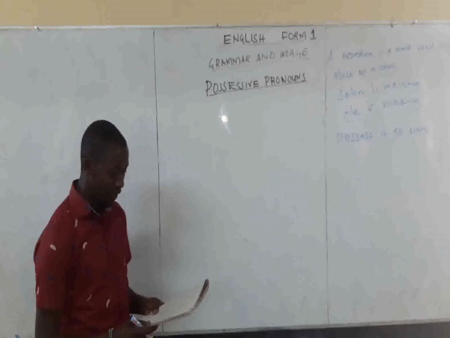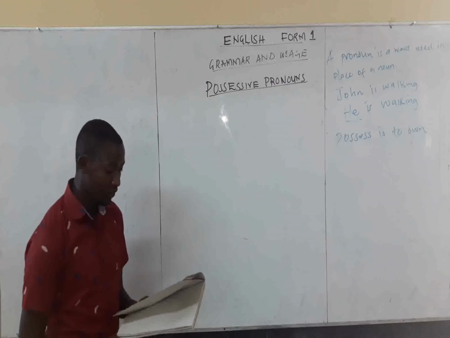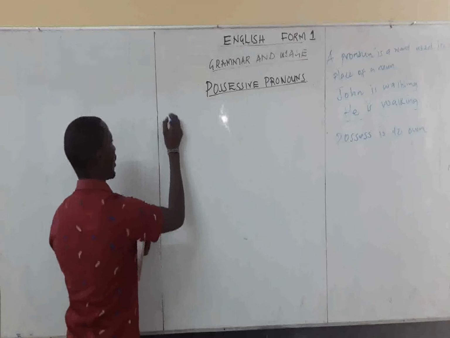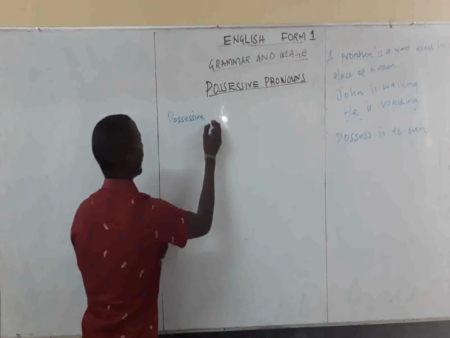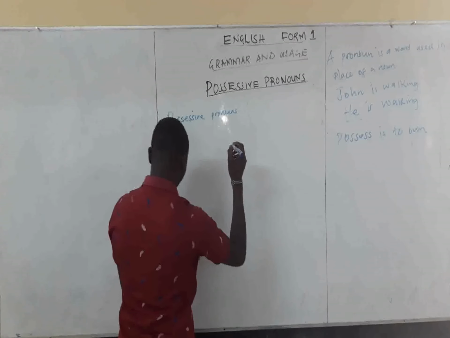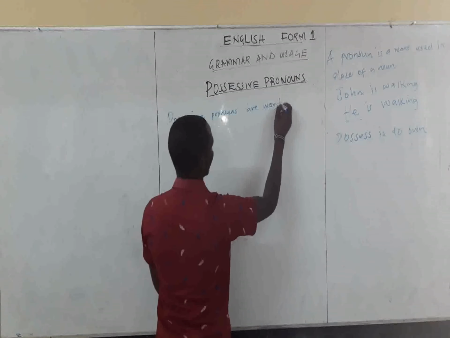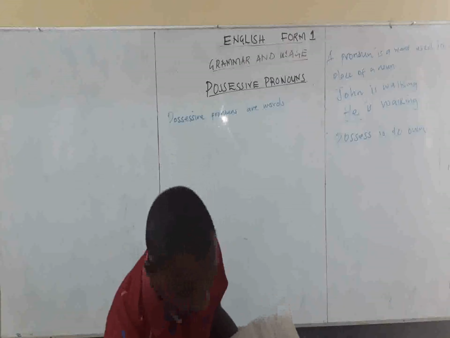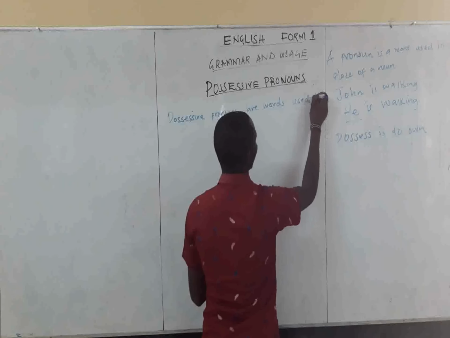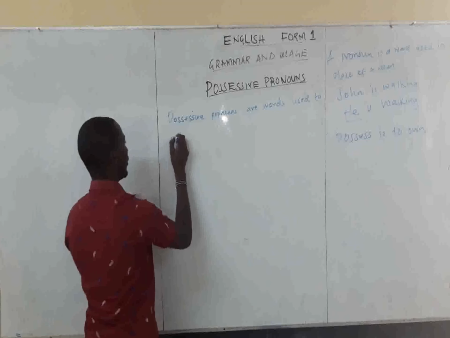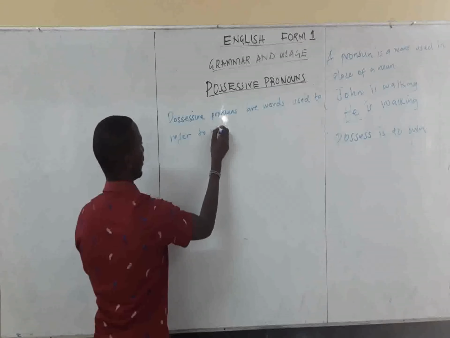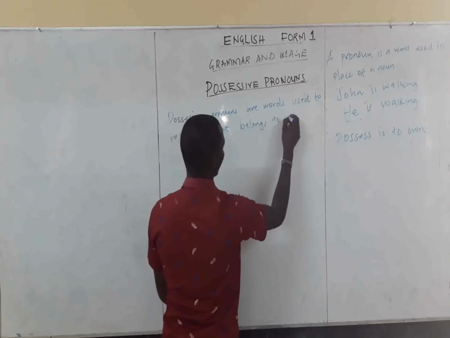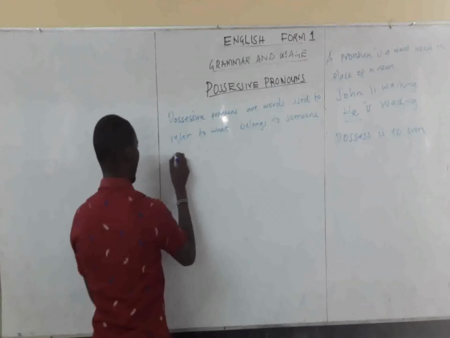Before we look at sentences, we can say that possessive pronouns are words used to refer to what belongs to someone or something.